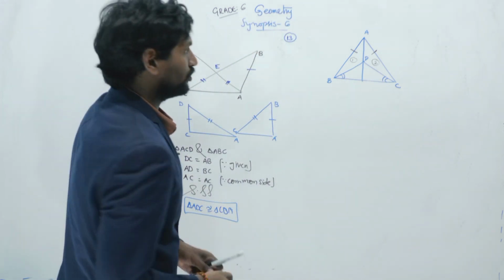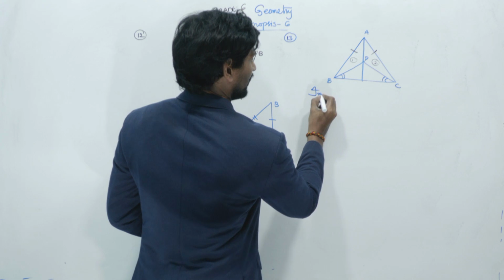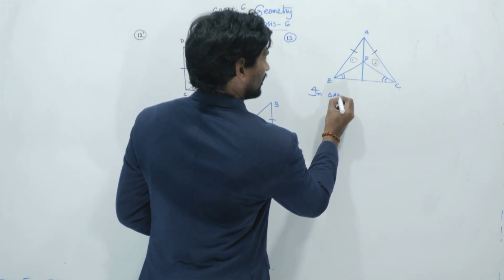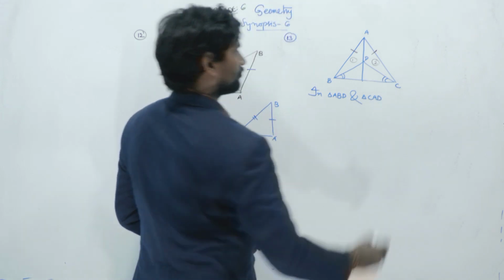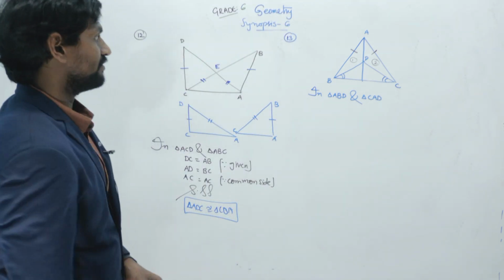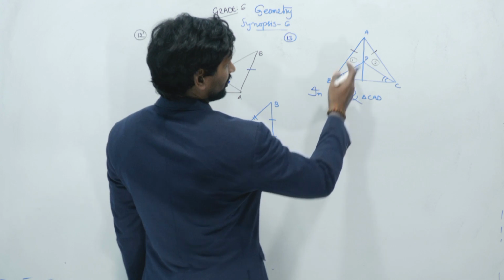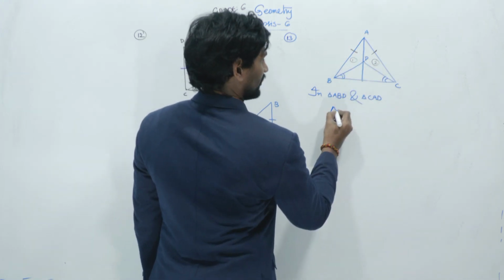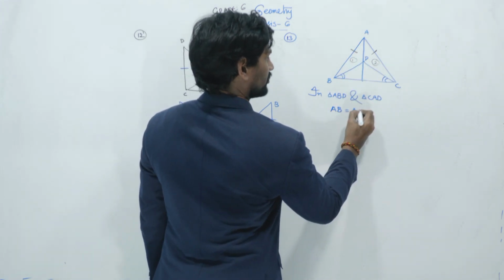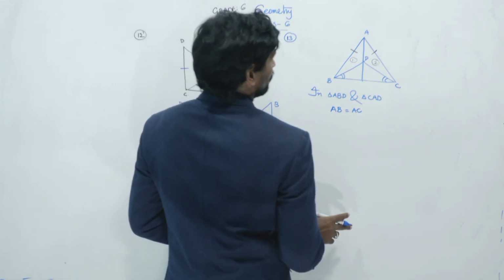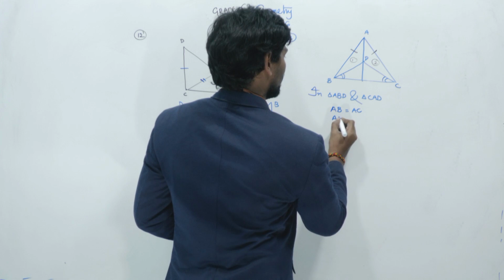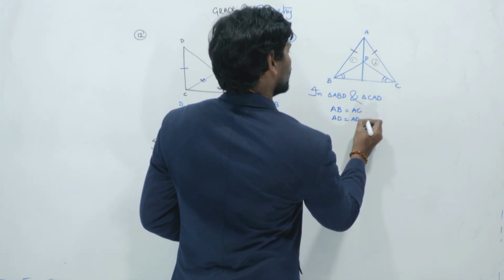In triangles ABD and CAD, AB equals AC, the first measurement, already given in the question. Now AD equals AD is a common side.